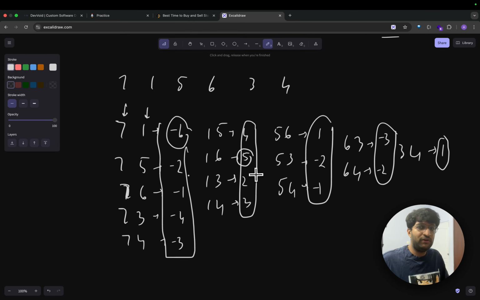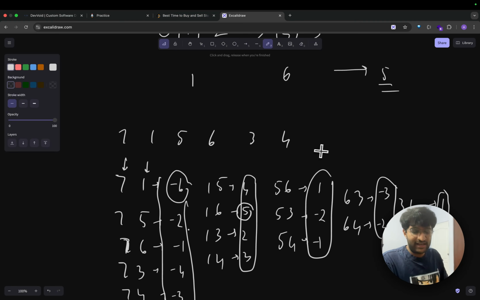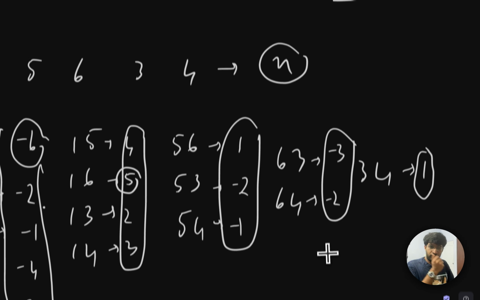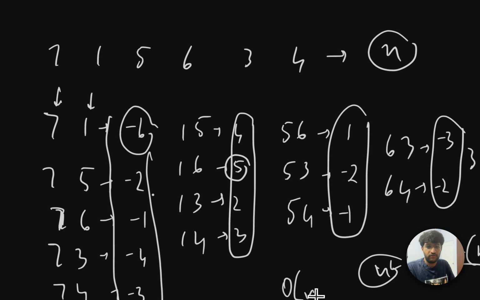This is ideally a brute force solution. You can see that if the size is n, I have almost n into n plus 1 by 2 iterations. So it is O of n square, kind of, because imagine this.